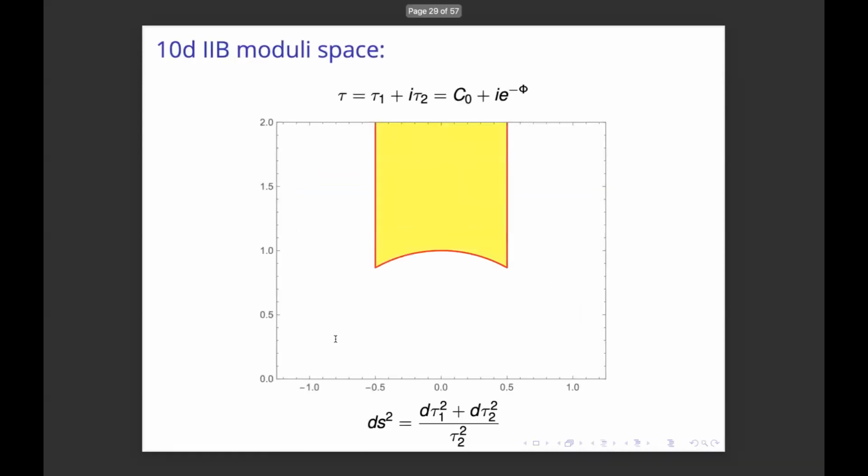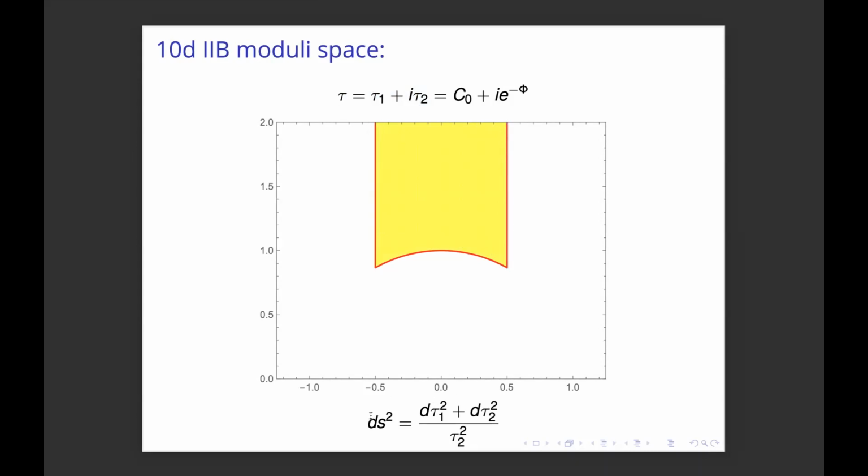A tough test for my new conjectures is 10D type IIB string theory. So in this case, there is just the axio-dilaton moduli space, which I've written with this complexified tau. So this space is the Poincare half-plane quotiented by SL(2,Z). And the fundamental domain is this keyhole region that hopefully many of you are familiar with.